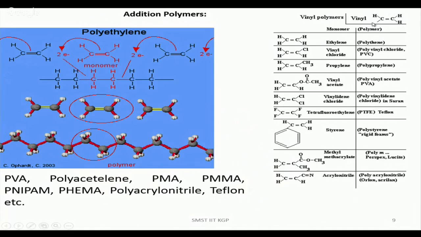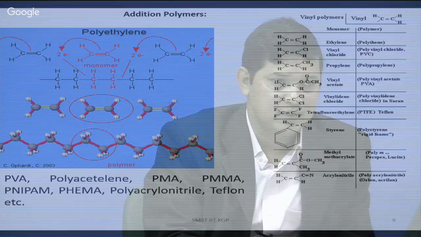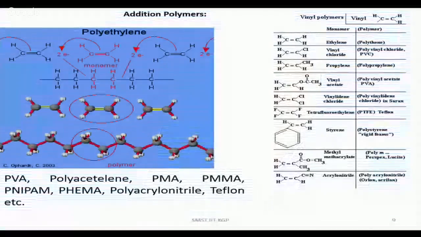On this side group, if you put hydrogen, it is ethylene. If you combine this ethylene, how many can we combine? N number of how many? Any idea? 100, 200, thousands, lakhs?